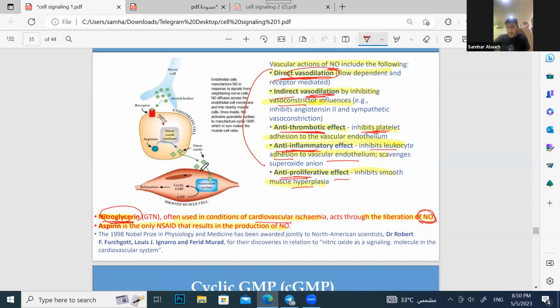What we can take other than that is aspirin. Why? Aspirin is an NSAID that causes NO production. And once nitric oxide is produced, we have these 5 effects.